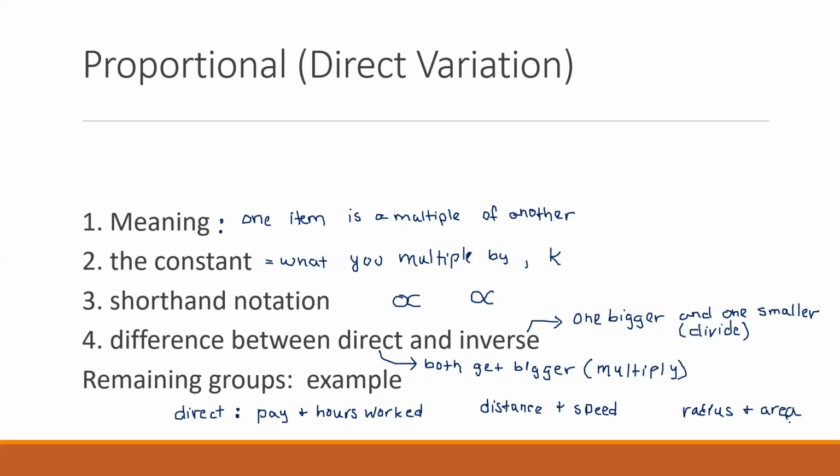Now, there's also inverse. And so sometimes we think about quantities where one goes up and one goes down. And so that's inverse. So just to give you an example of inverse, if we think about time and speed.